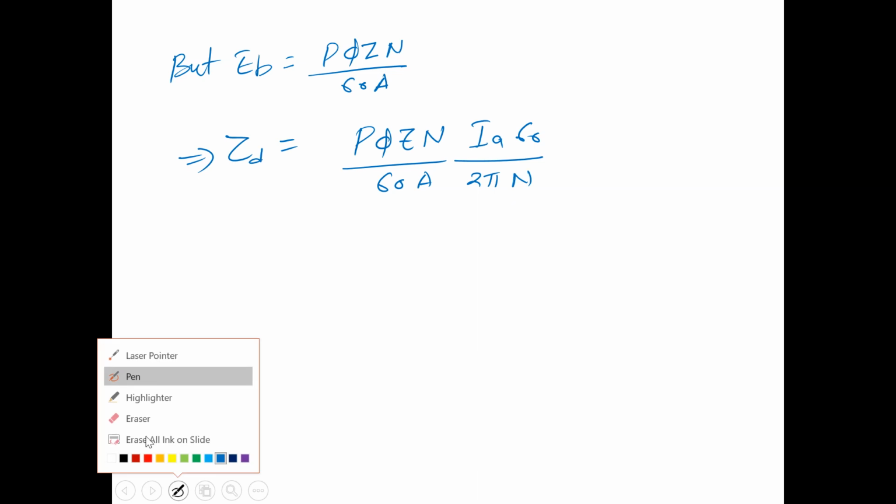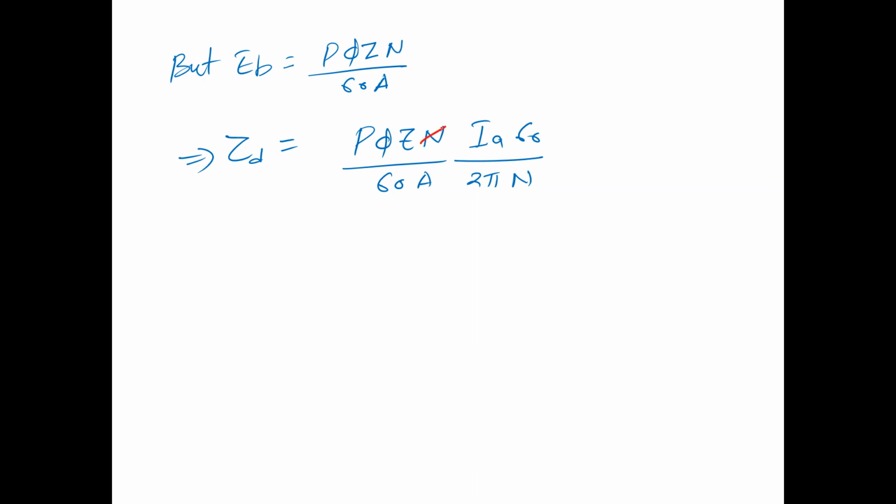Then if we conclude, this n will cancel out, 60 will cancel out, the remaining is TD equal to P phi z IA upon 2 pi into A, because 60 is cancelled, A is remaining.